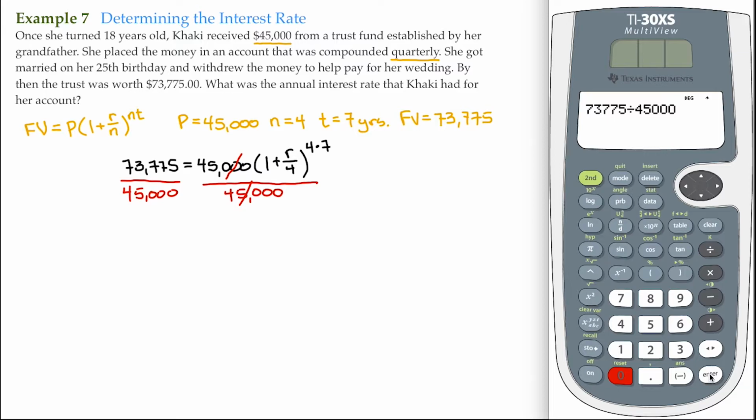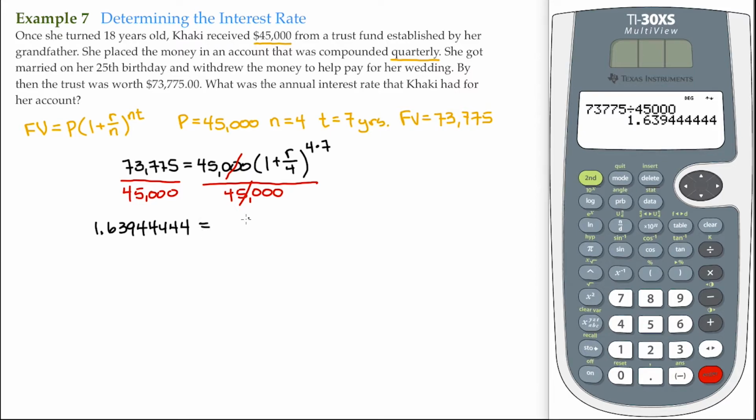There we go. That's 1.63944444. We're still going to go on the rule of thumb as 8 decimals.